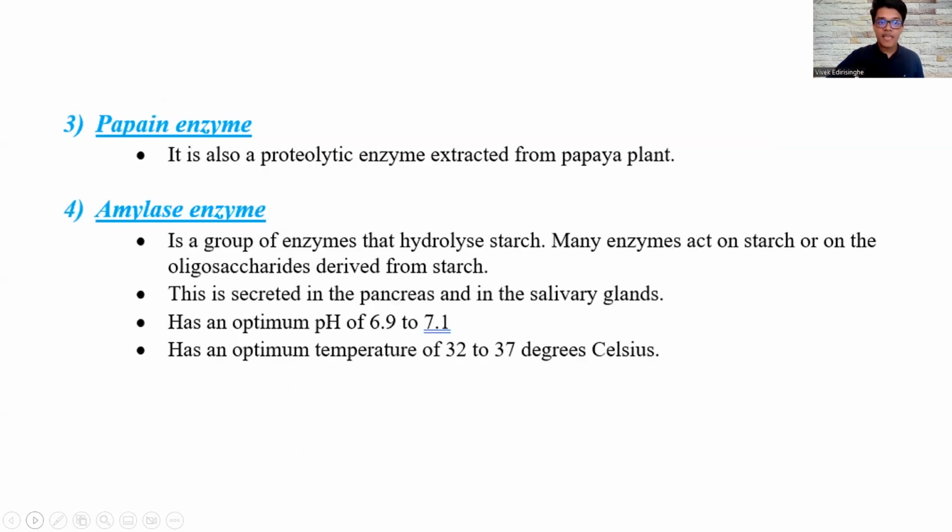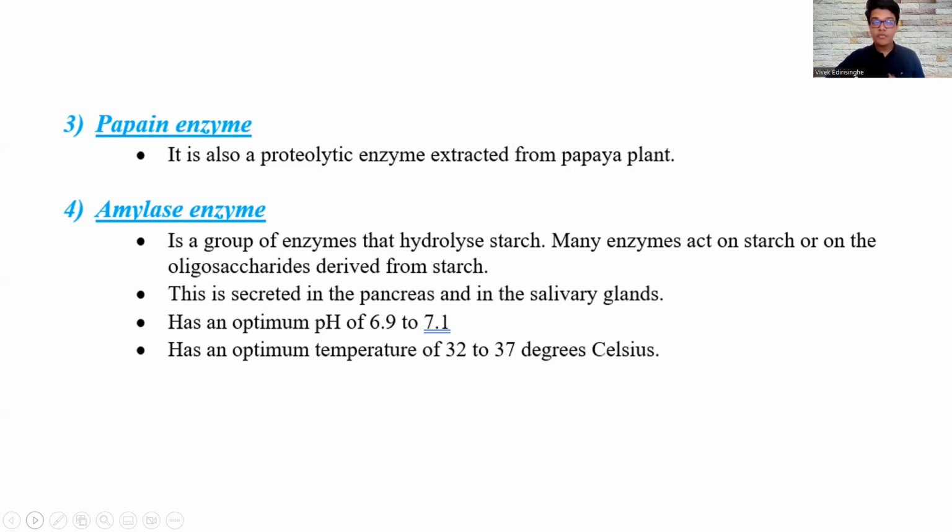Thirdly, we have the papain enzyme, which is again a proteolytic enzyme extracted from the papaya plant. And finally, amylase enzyme, which is a group of enzymes that hydrolyze or break down starch. Amylase is generally secreted from the pancreas or the salivary glands and has an optimum pH of 7 and an optimum temperature of 32 to 37 degrees Celsius.